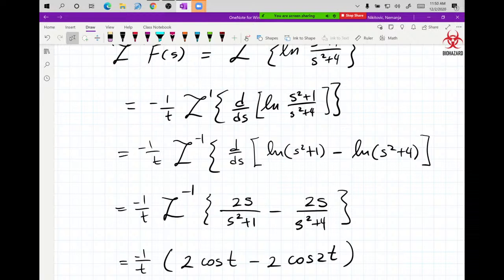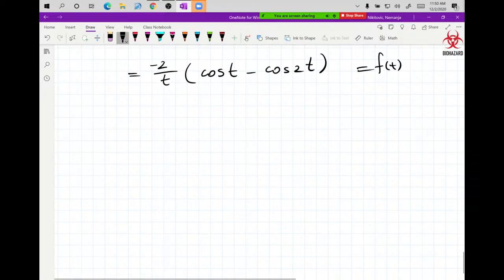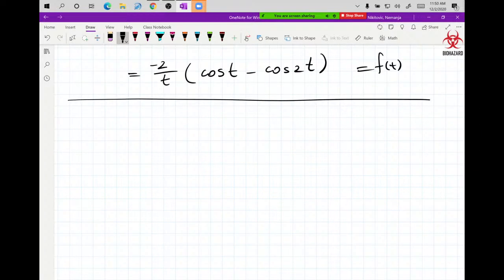I would like to find another example. After this we have one more formula for integrals, and then we're done.